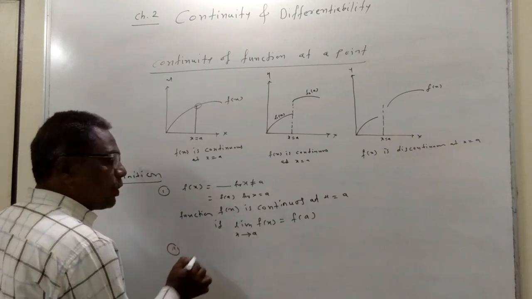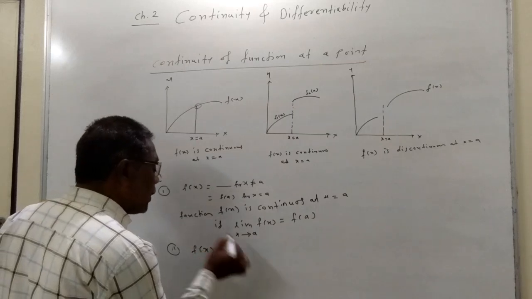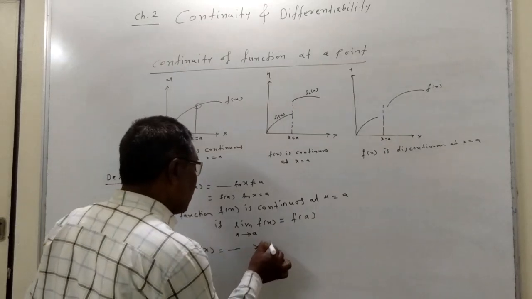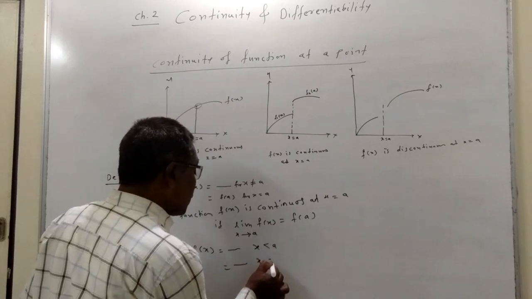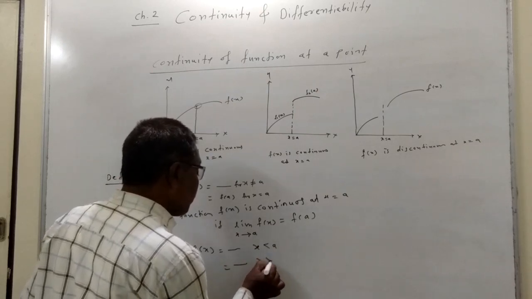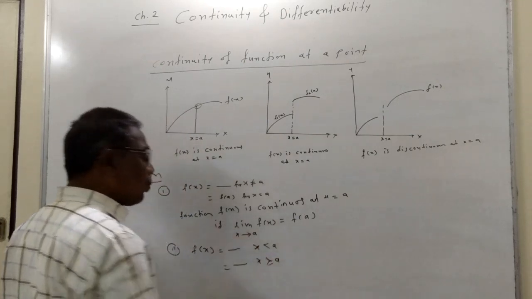Now suppose the function is defined like this: f of x is some equation for x less than a, and another equation for x greater than a, or maybe greater than or equal to a.